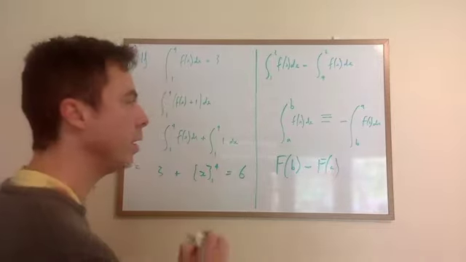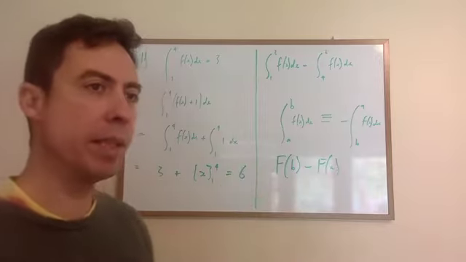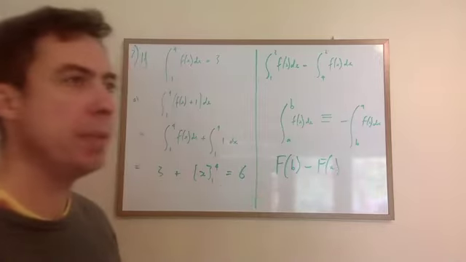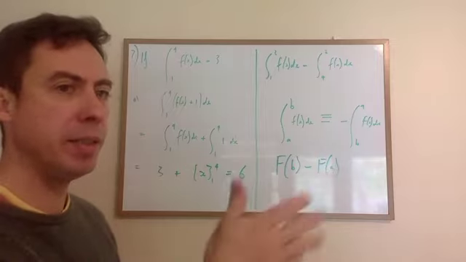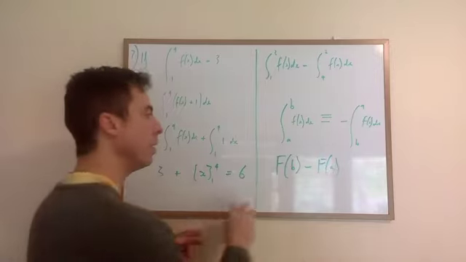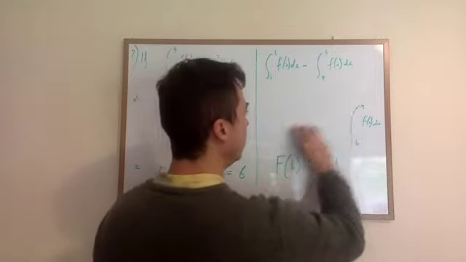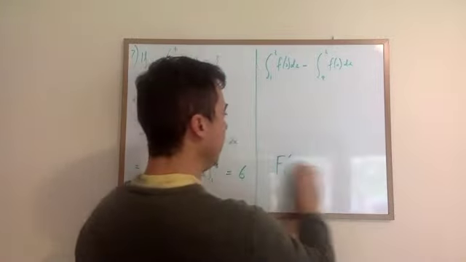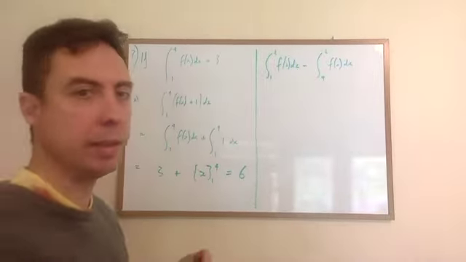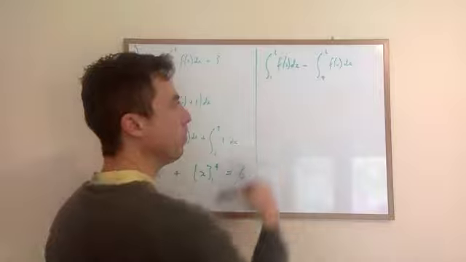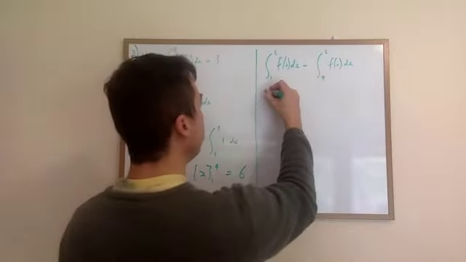So your changes in x are becoming very small negative numbers, which means as you're doing your infinite sum, you're doing height times a negative effectively. So it's not too difficult to understand why that happens. And what it allows us to do is to flip these numbers around, which you'll see in a minute is going to be useful for us.